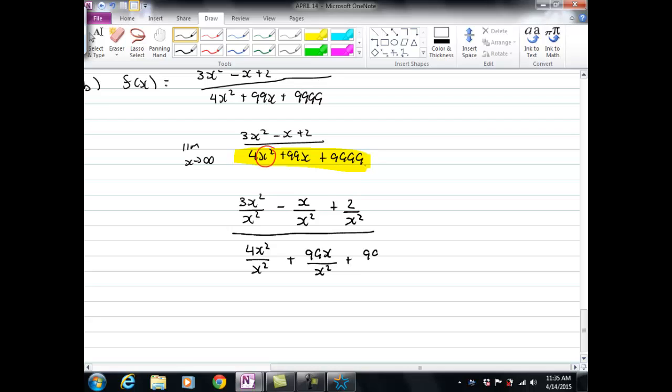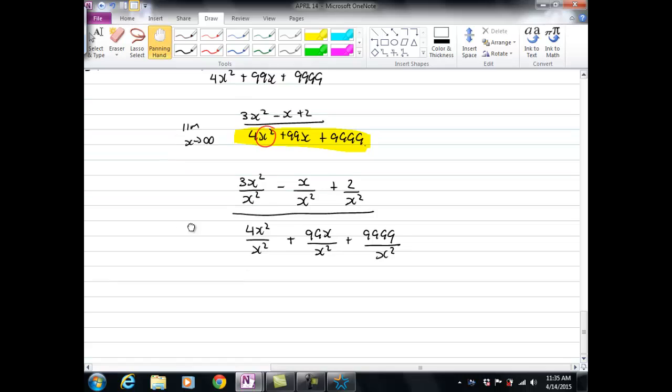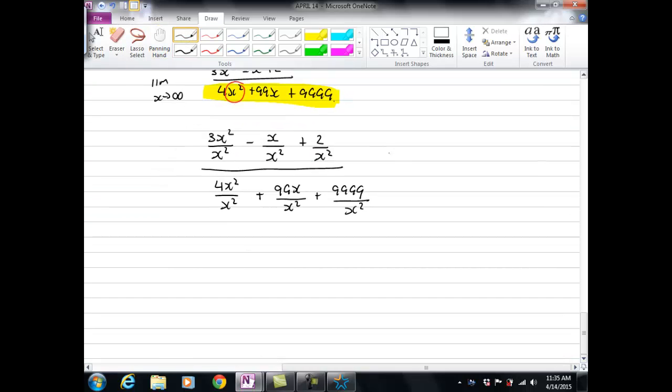Plus 9,999 over x squared. If I were to simplify, I would get 3 minus 1 over x plus 2 over x squared, all over 4 plus 99 over x plus 9,999 over x squared.